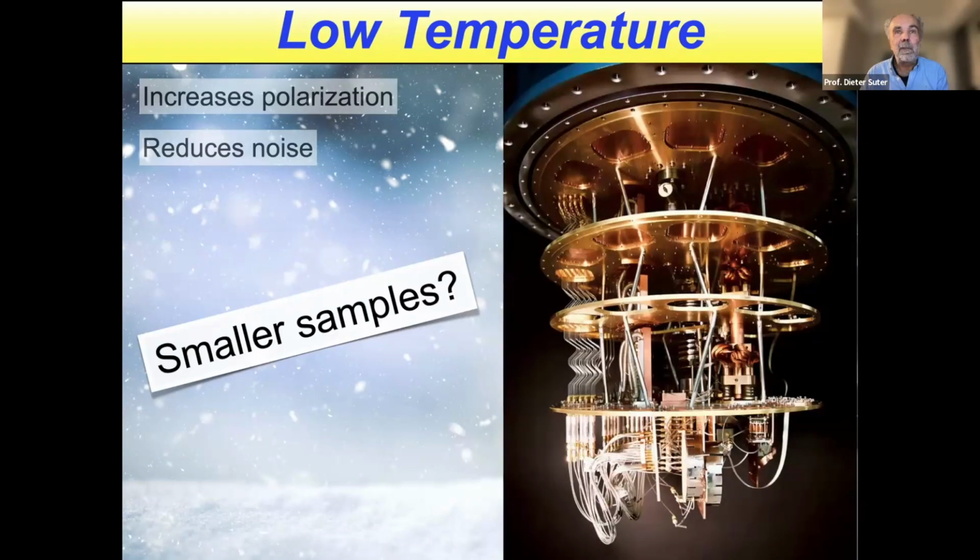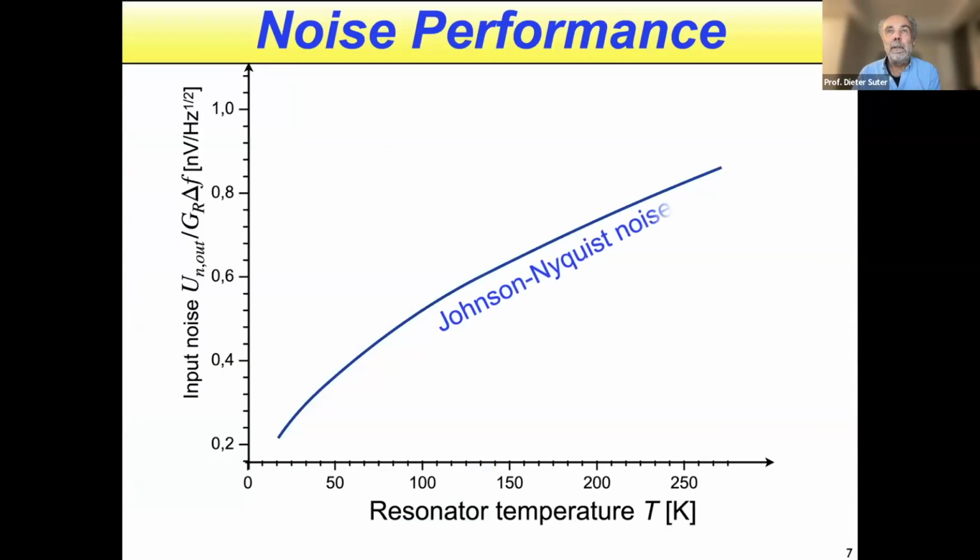This does not mean that you gain much by going to 0 degrees, as the snow here suggests, but you have to go really low, say to 4 Kelvin or even lower. If you do that, you can significantly reduce the noise. Depending on how you measure it, it goes down with temperature by maybe 2 orders of magnitude.